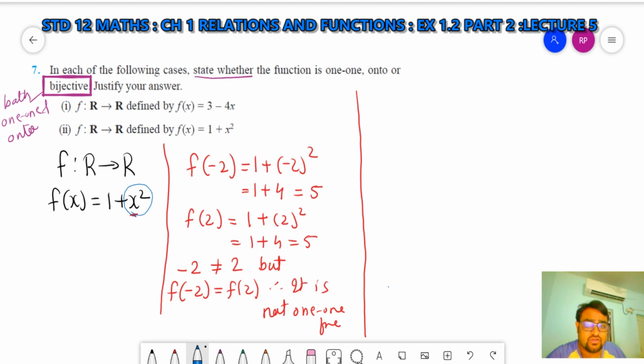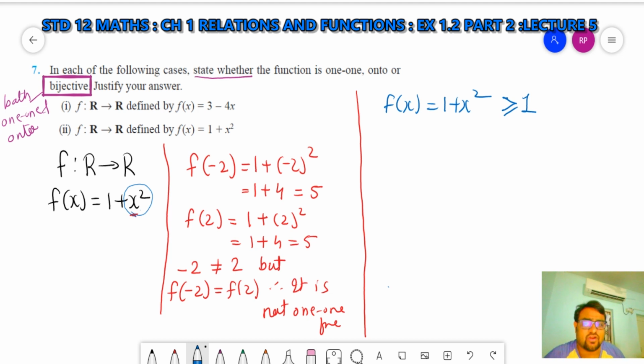So 0 plus 1, that is 1. So this function will have minimum value 1, it cannot have a value less than 1. So f(x) equal to 1 plus x square will always be greater than or equal to 1.